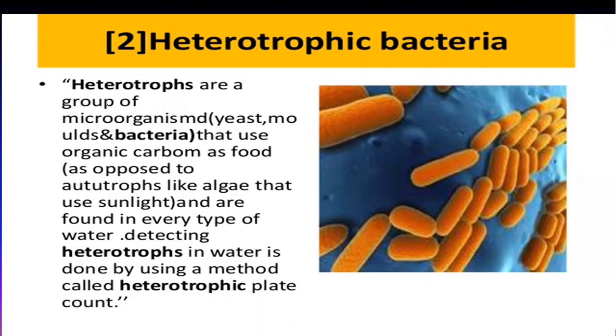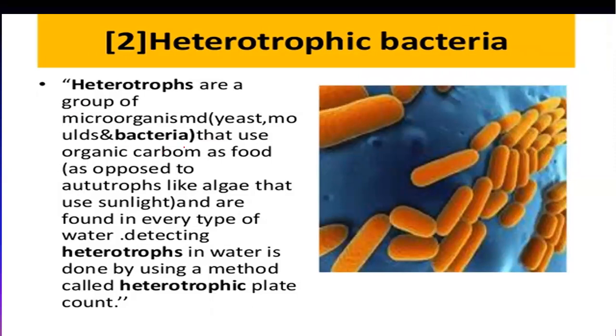Now we will see heterotrophic bacteria. Heterotrophs are the group of microorganisms or bacteria which use organic carbon as food, as opposed to autotrophs like algae, which use sunlight.